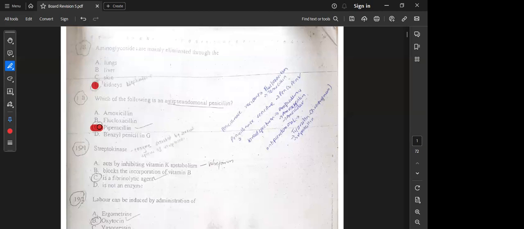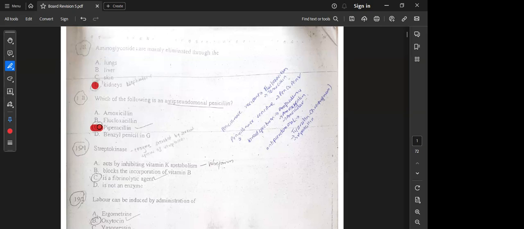Okay, so for the first group, there are the narrow spectrum penicillins. You have the beta-lactamase sensitive, such as the first generation penicillin G, benzathine penicillin, procaine penicillin, and penicillin V. Penicillin G is used in the management of syphilis, and penicillin G and V for prophylaxis of rheumatic fever.